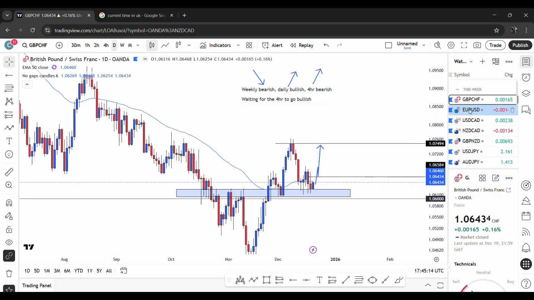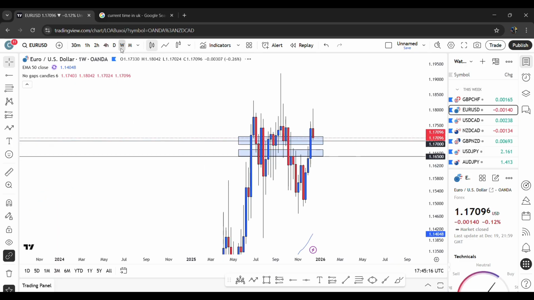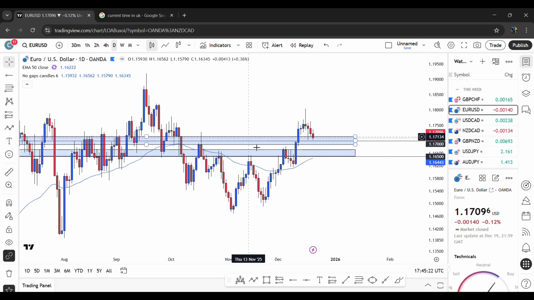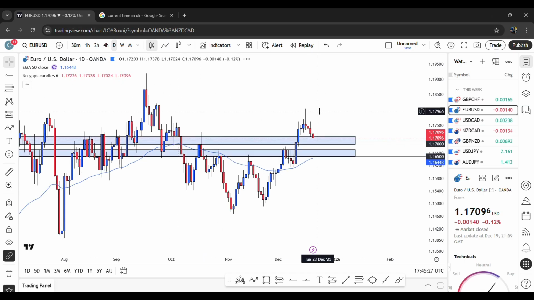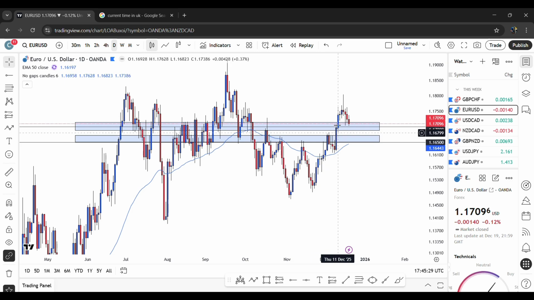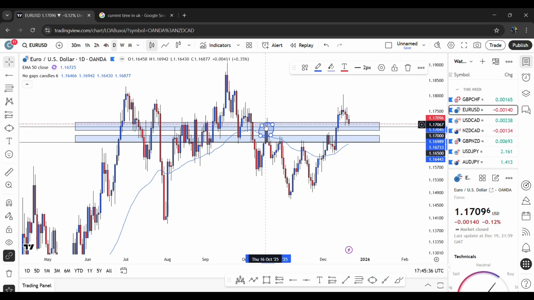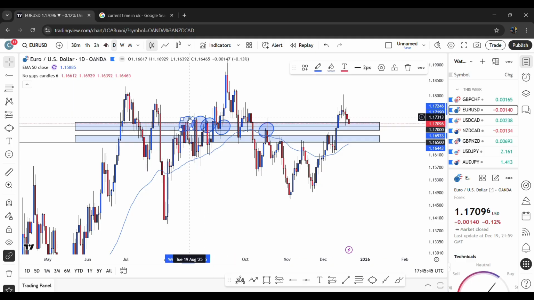Next one is Euro USD. Euro USD weekly is bullish at the moment, daily is bullish, and 4-hour is bearish. So we got 2 areas of interest. If you look at this one, then there's 1 touch point, 2 touch points, 3 touch points, 4, 5, and 6.